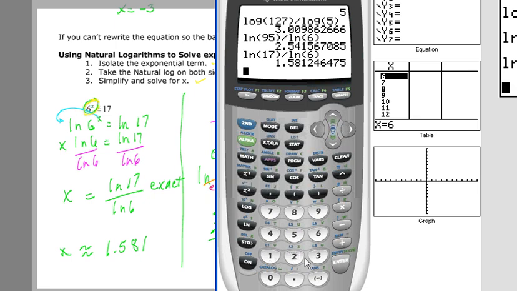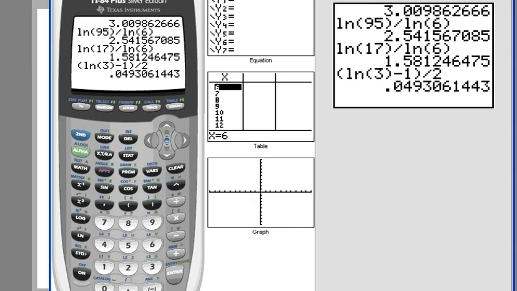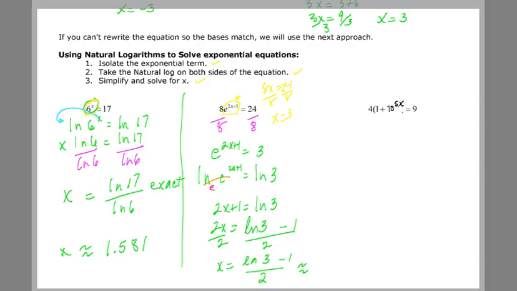So ln 3, close the parenthesis, minus 1, close the parenthesis for the numerator, divided by 2. That gives 0.049. Exact answer, decimal approximation.